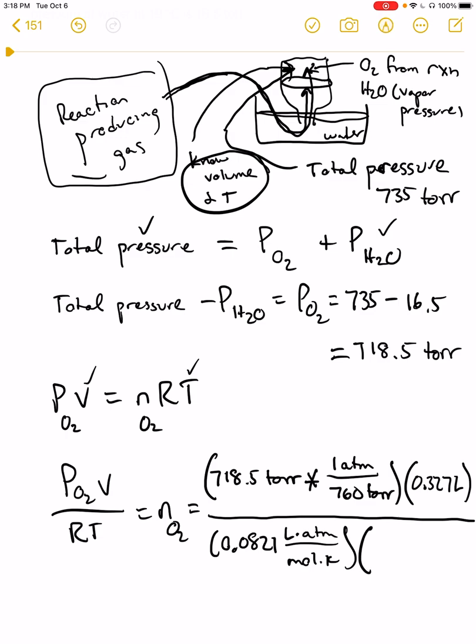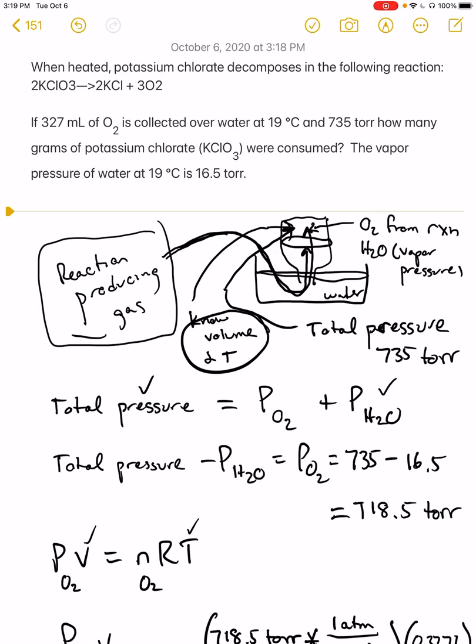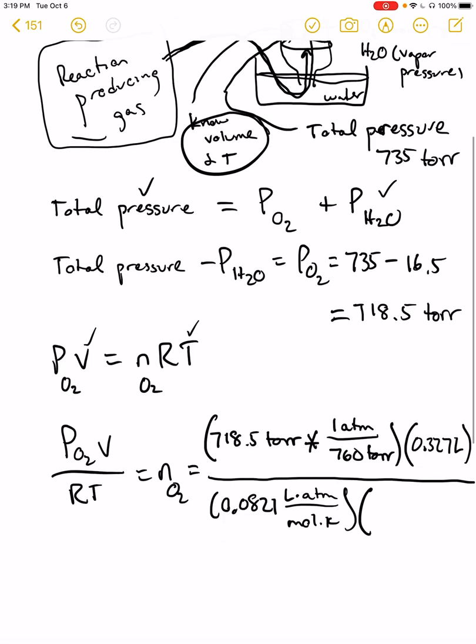And my temperature is given as 19 degrees C, and I can add 273 to get my temperature in Kelvin.